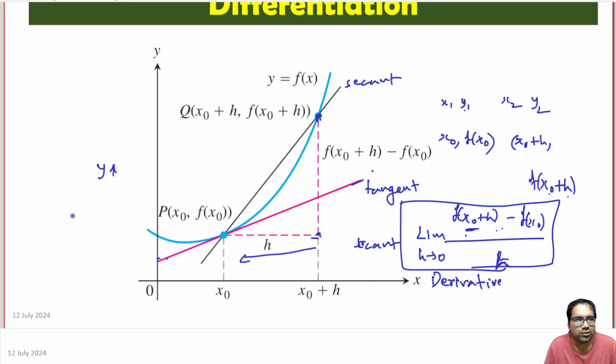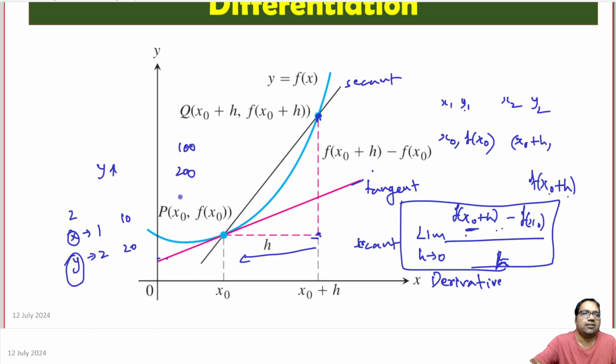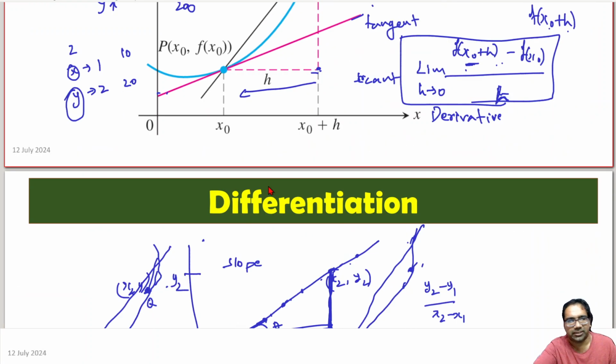Let's say if slope is 2, what does that mean? If x is changed by 1 unit, y will change by 2 units. If x is changed by 10 units, y will change by 20 units. This is the rate of change of y with respect to x. That is slope. If you change x by 100 units, y will change by 200 units.